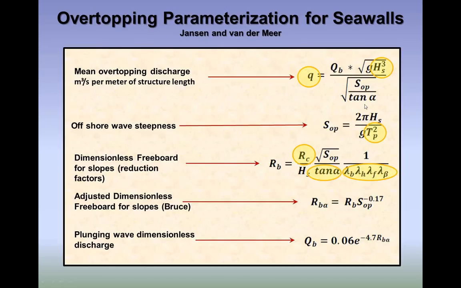One thing, just to step back a bit about this particular parameterization: there are other parameterizations that we can use which incorporate not the offshore wave height, but the wave height directly in front of the seawall. I haven't used these. It's a little bit more difficult because it requires determining the wave height very close to shore, directly in front of the wall.